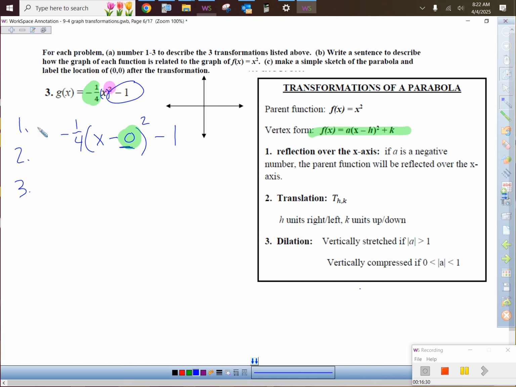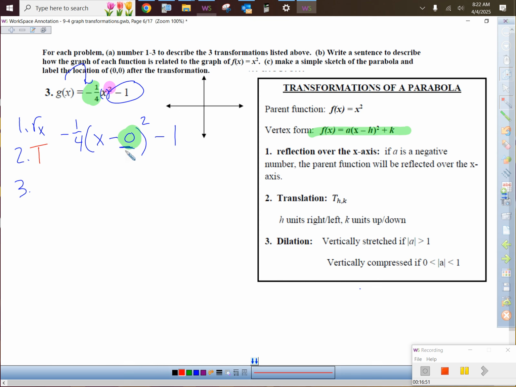Has this guy been reflected over the x-axis? What do you think? Yes or no? That is a yes. So we'll do the r sub x because this a value is negative. Let's get him translated. Big fat T right there. Left or right first? Up or down second?